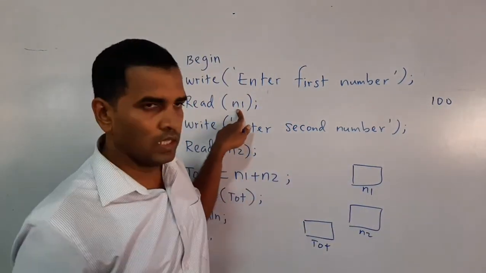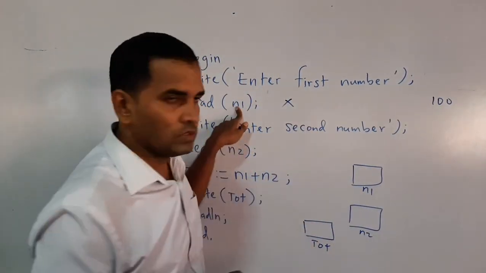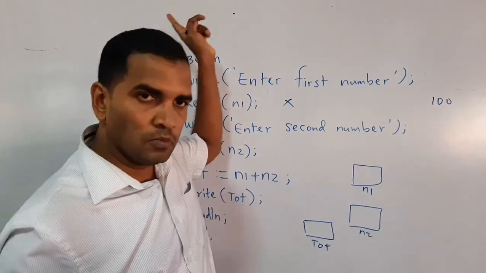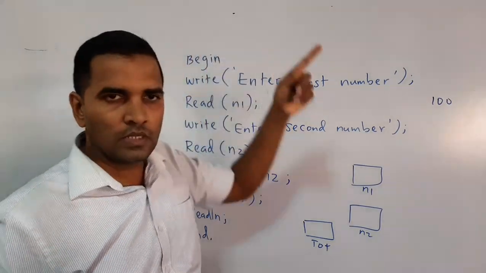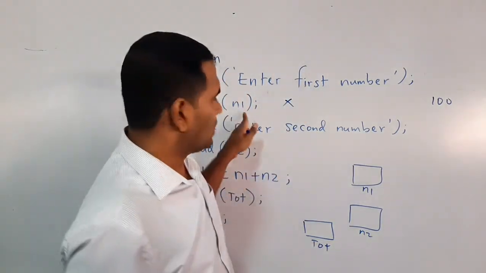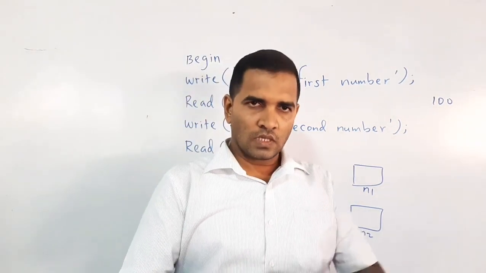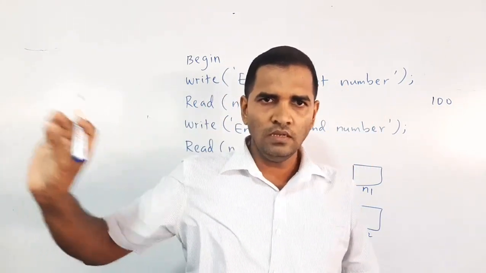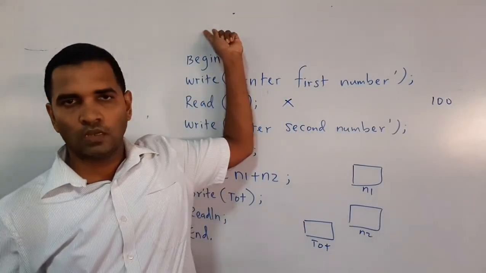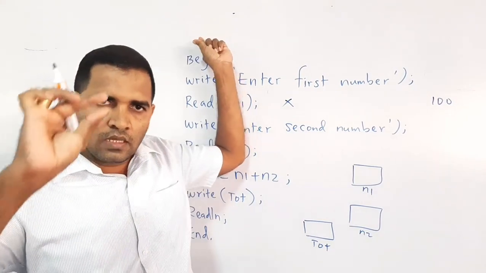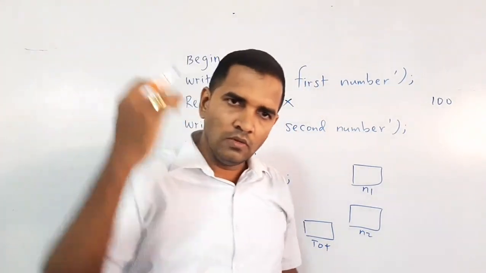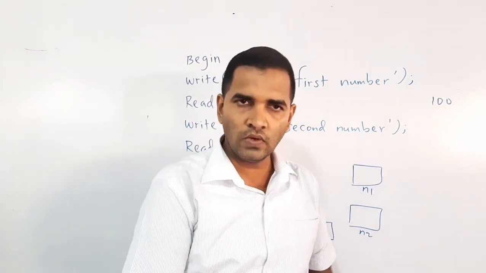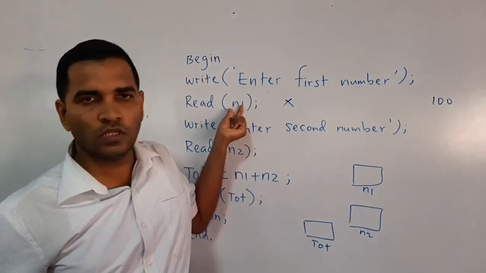Before I use this N1, maybe before begin, I must tell my computer that N1 is a kind of storage and we are going to save something in N1. Such an introduction must be given before begin. When the computer sees that introduction, it knows N1 and what kind of data will be saved in N1. Thereafter, no issues at all.